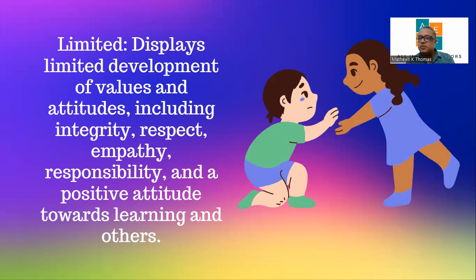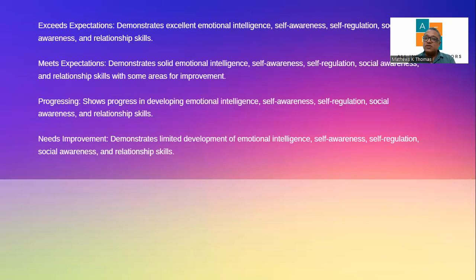So there may be some incidents which have happened, and you have an anecdotal record of that child, where he was not empathetic towards a child probably with special needs, or of a different caste, creed, or religion. So all that we'll have to analyze as class teachers or as subject teachers, as counselors, as special educators. So all that, does he have a positive learning attitude in the class, or is he constantly disturbing in the class? So all these parameters will give these grades.